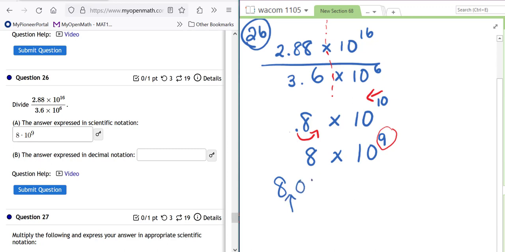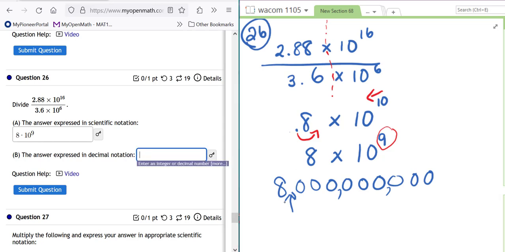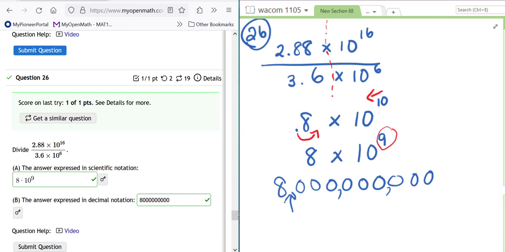So 1, 2, 3, 4, 5, 6, 7, 8, 9. Now the decimal is at the end. I'm going to put these commas to help me see them, but you don't type them in. All right, and I'll type that. So I have 8, and then we'll just count 1, 2, 3, 4, 5, 6, 7, 8, 9. Right, and we'll submit. So they were happy with that.